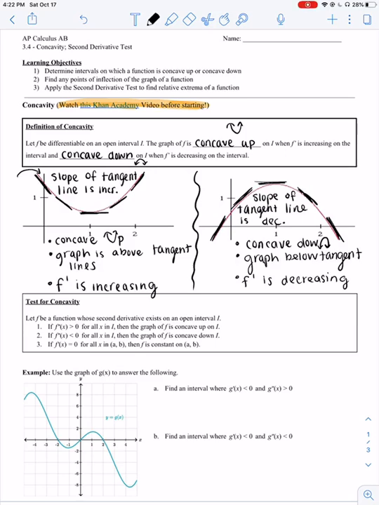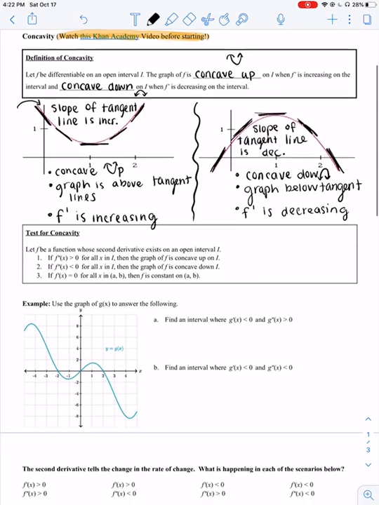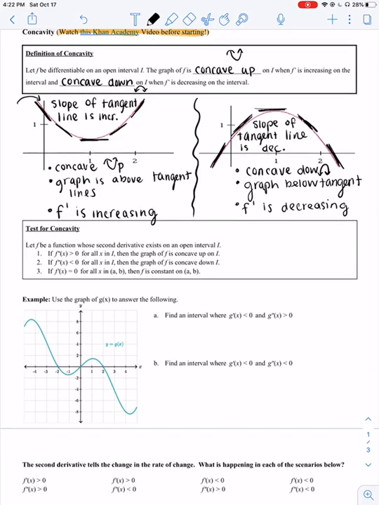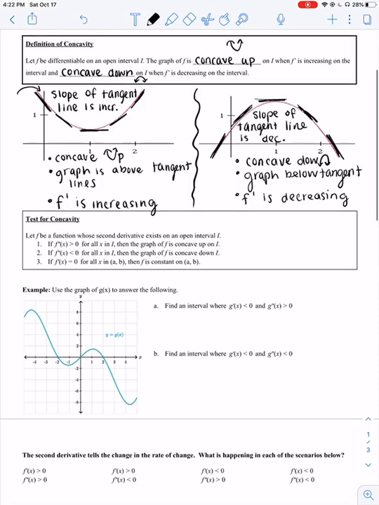So those are just some different ways to think about concavity and to holistically understand what is going on here. So of course, in calculus, there is a test for concavity. Let f be a function whose second derivative exists on an open interval I. If f double prime of x, so the second derivative, is greater than 0 for all x in that interval, then the graph would be concave up.